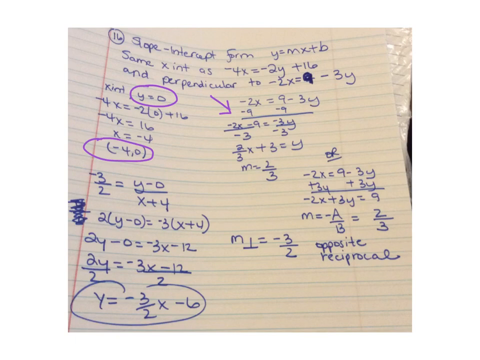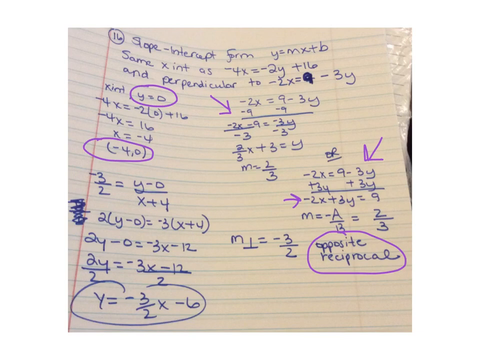If you use standard form instead, then my work is right here. I got negative 2x plus 3y equals 9, and the slope formula is negative a over b. Again, a is negative, so it becomes positive, so my slope is 2/3. Now, perpendicular means opposite reciprocal. So if the slope is 2/3, the opposite is negative, and reciprocal, flip it over, is 3/2.